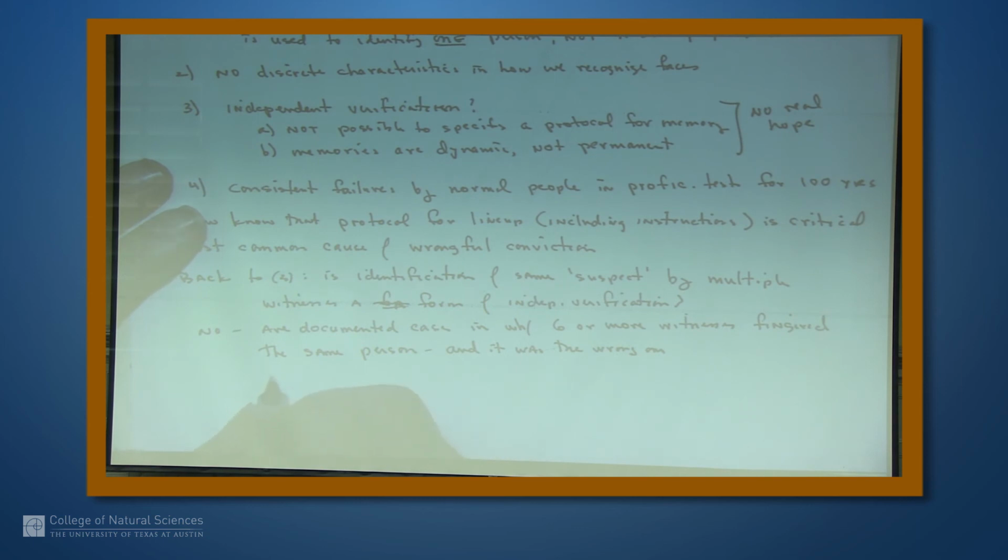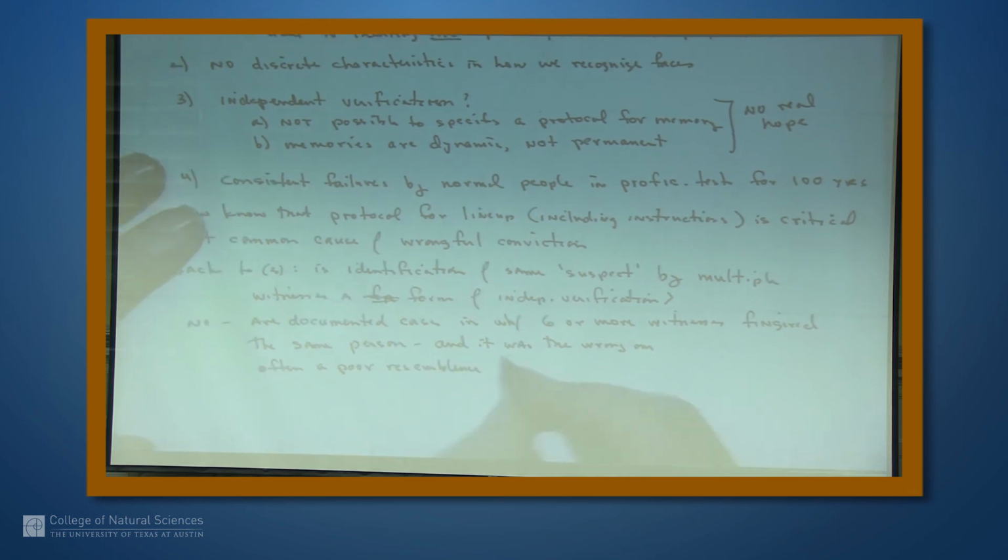In fact, often there was poor resemblance between the true perpetrator and the one identified.